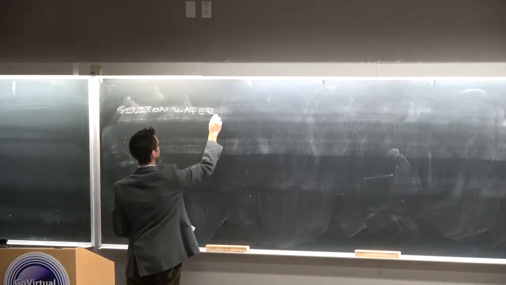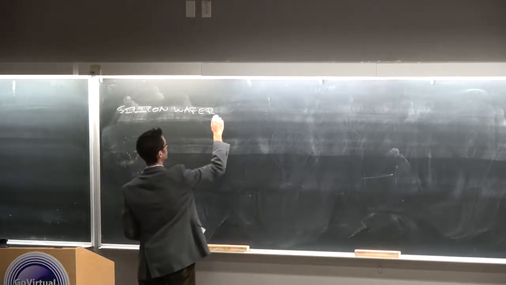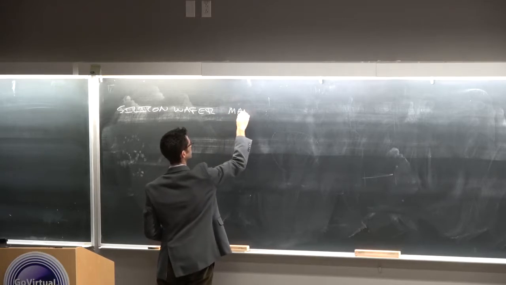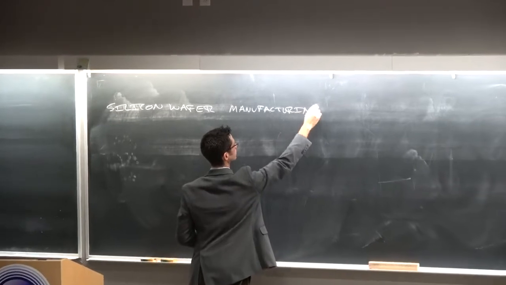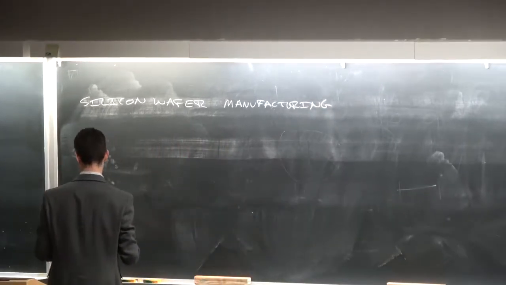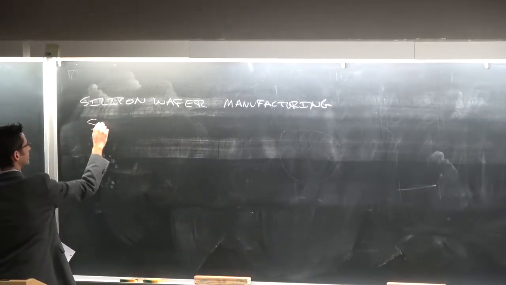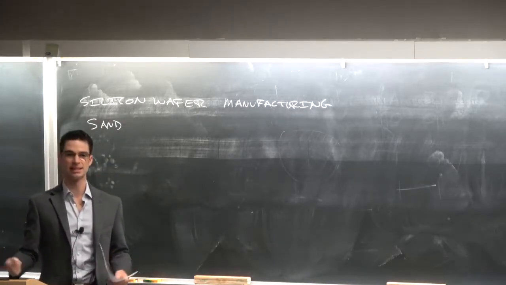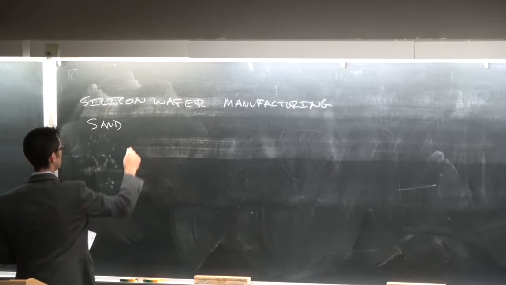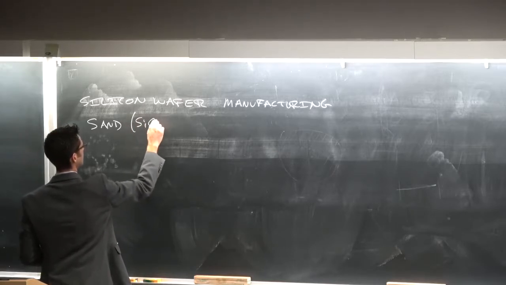So if we consider the steps in silicon wafer manufacturing, we start with sand, some silicate rocks, and this is SiO2.